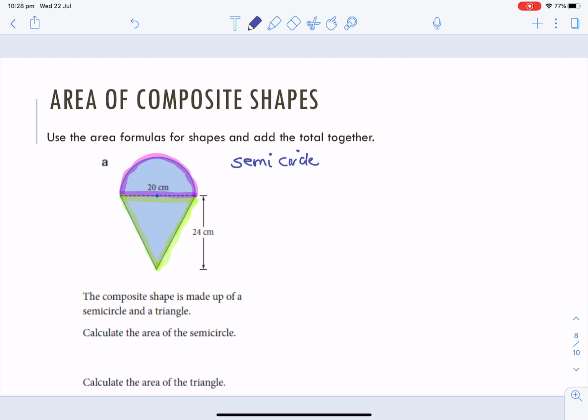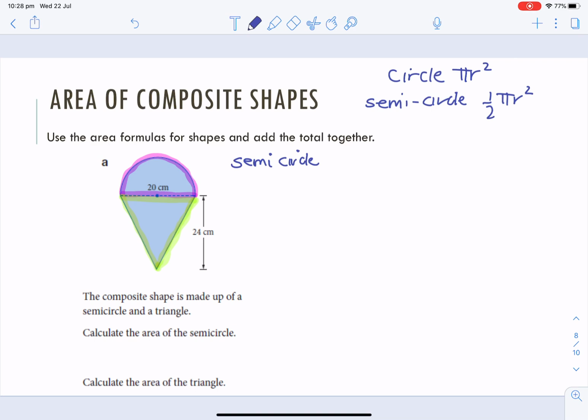And remembering that the formula of a circle is pi r squared. Now I only need to know half of this circle for a semicircle. So I halve that formula and I get half pi r squared.